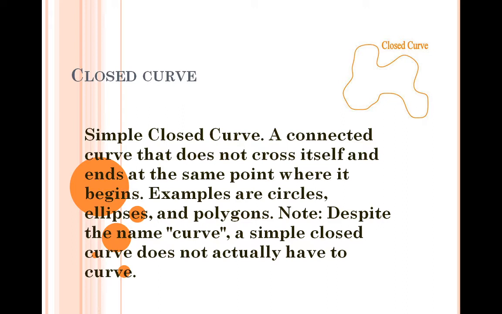Examples are circles, ellipses, and polygons. Note that despite the name curve, a simple closed curve does not actually have to curve. So dear students, it is very simple. If the given figure is closed and it does not have any sharp turns, that means it is a closed curve.